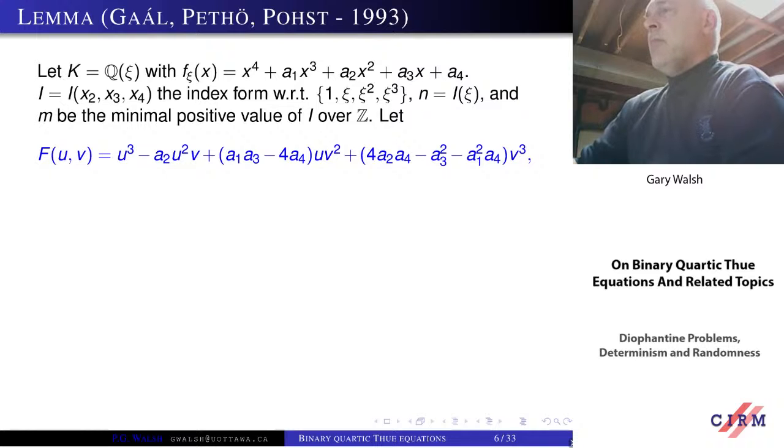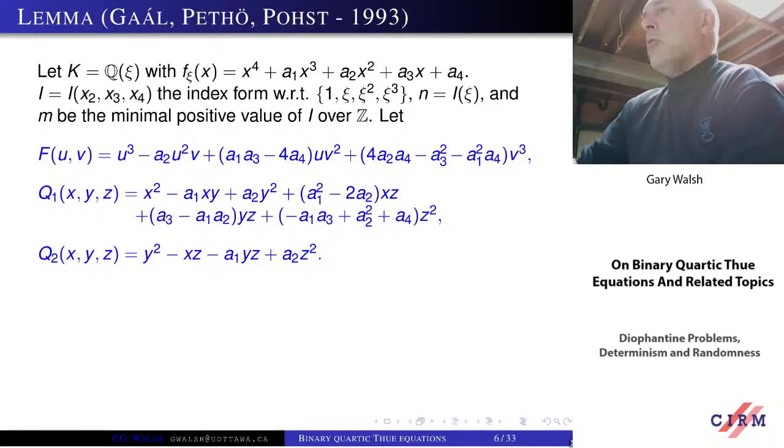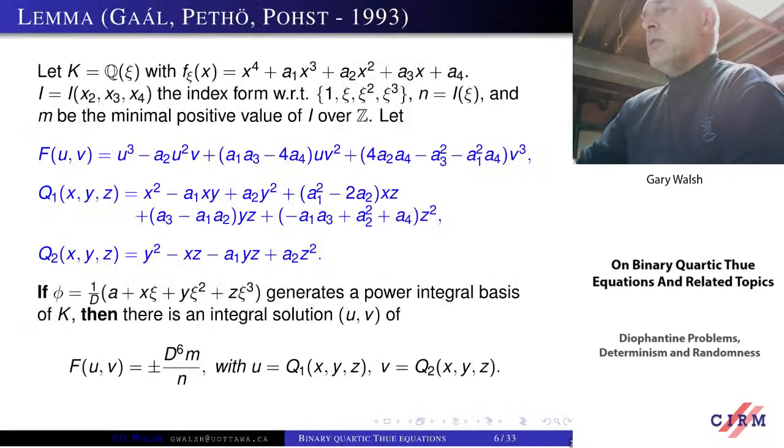And also in this lemma, there are two associated polynomials, Q1 and Q2, in three variables x, y, and z. Again, those polynomials are defined completely in terms of the coefficients of f sub psi. And with all of this in place, we get the beautiful result below. So if you have some integer phi in the field, now capital D will denote the denominator of phi.